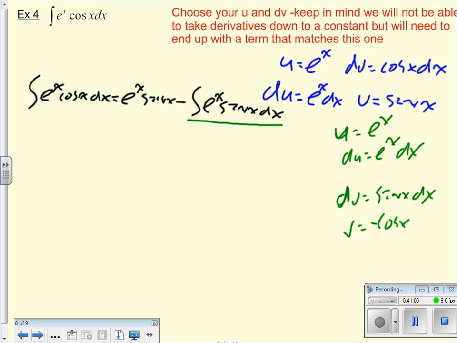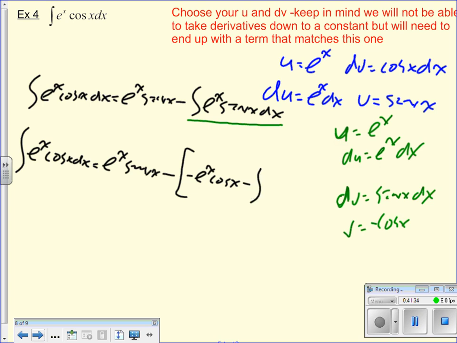Trust me. Okay. Integral e to the x cosine x dx equals e to the x sine x minus the uv, my second uv, negative e to the x cosine x, minus the integral of v du, negative e to the x cosine x dx.